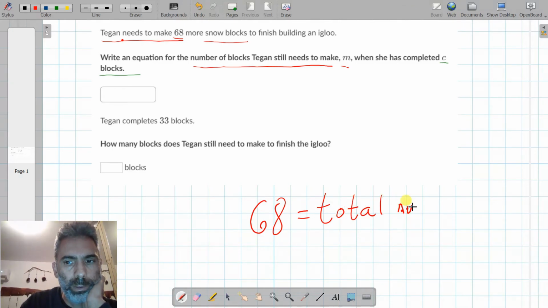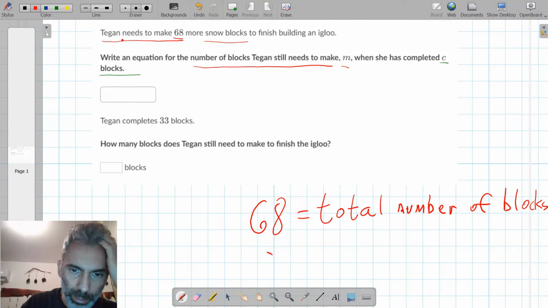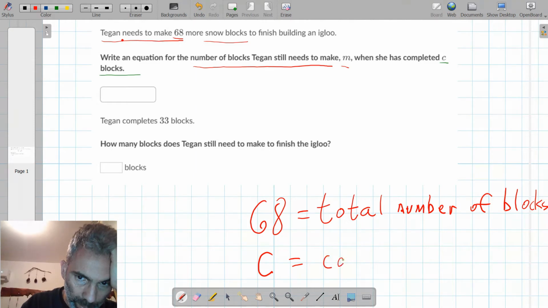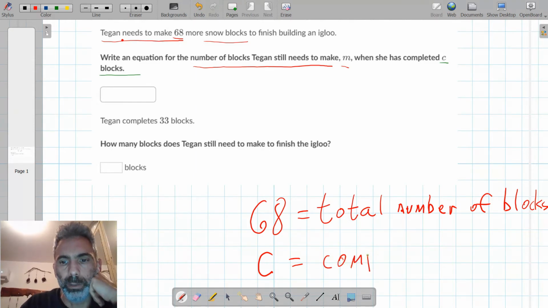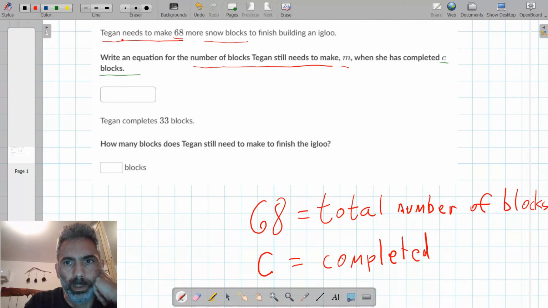Total number of blocks she needs to make. Out of this total number, she has already completed C, C completed out of this 68. So, write an equation for the number of blocks she still needs to make.